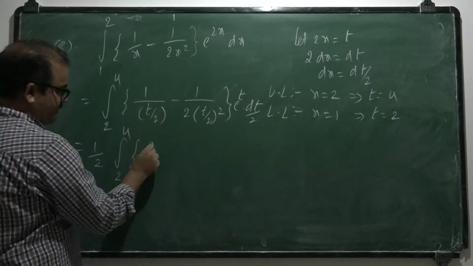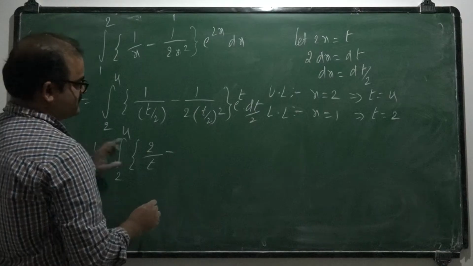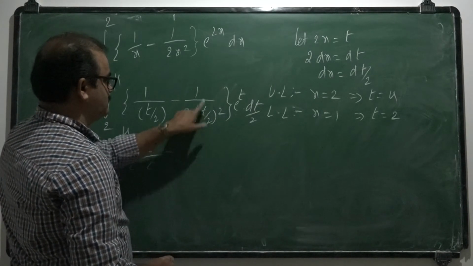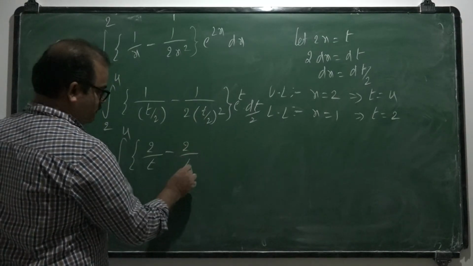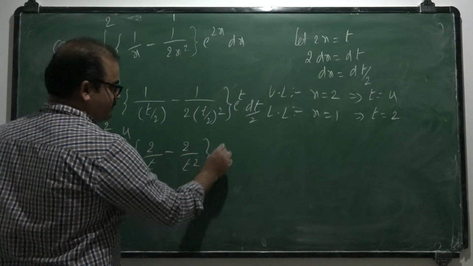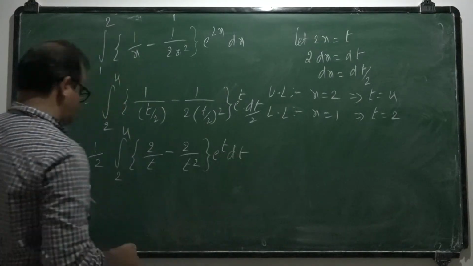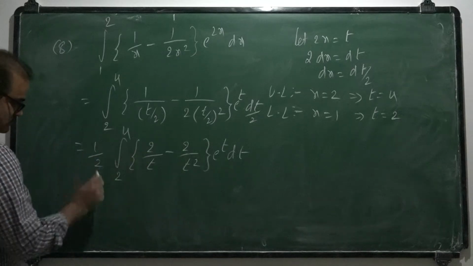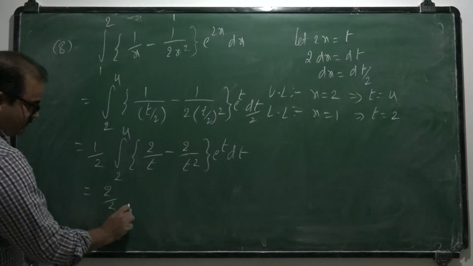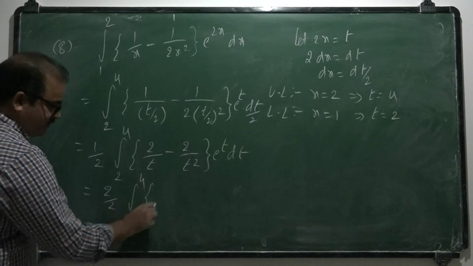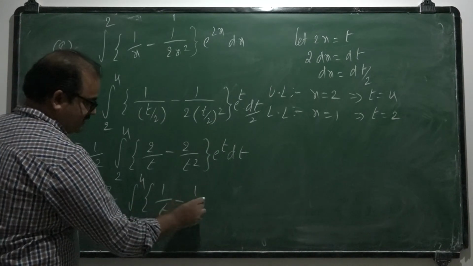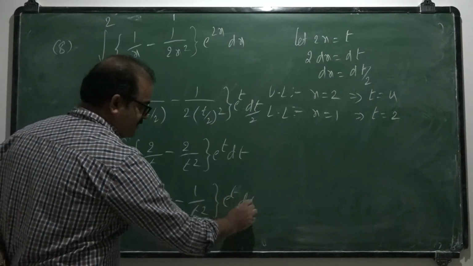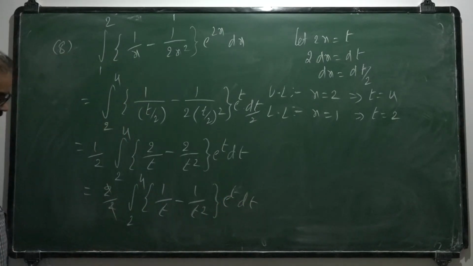This 2 goes to numerator, 2 by t minus 2 square by 4, 2 by 4 is 1 by 2, 2 goes to numerator, 2 by t square e power t into dt. Again take 2 common, 2 by 2 integral 2 to 4 of 1 by t minus 1 by t square e power t into dt. 2 gets cancelled.